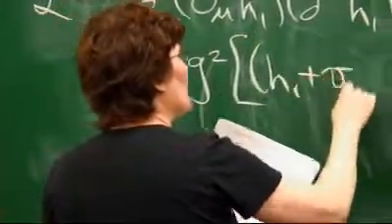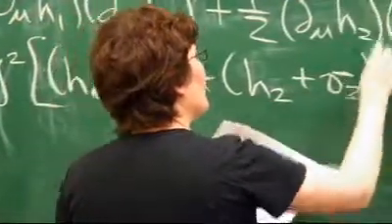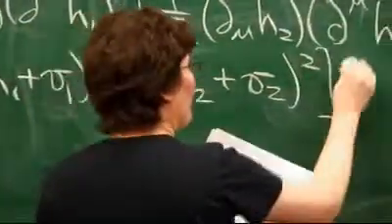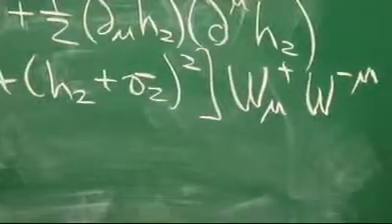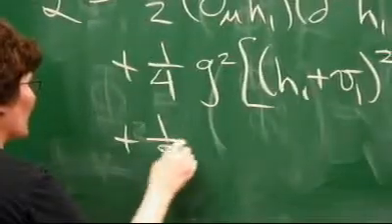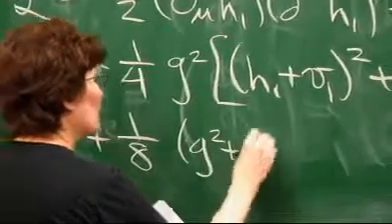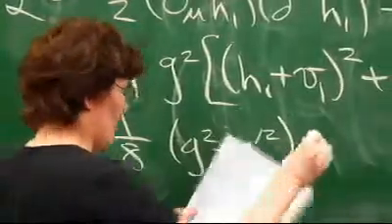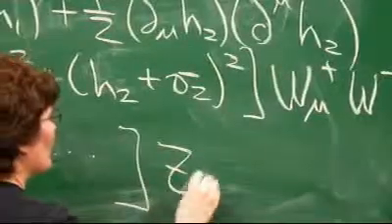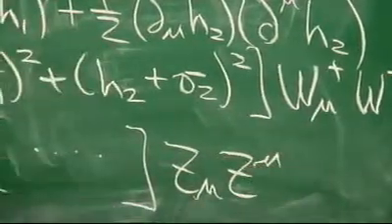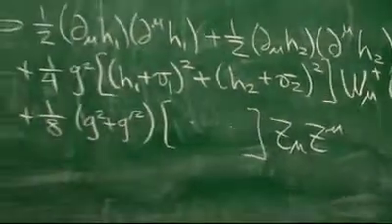H1 plus V1 squared. And then a similar thing for the Z couplings. G squared plus G prime squared. And then a similar thing as the square brackets, Z mu, Z mu. Okay, I shouldn't say similar, I should say identical, right?